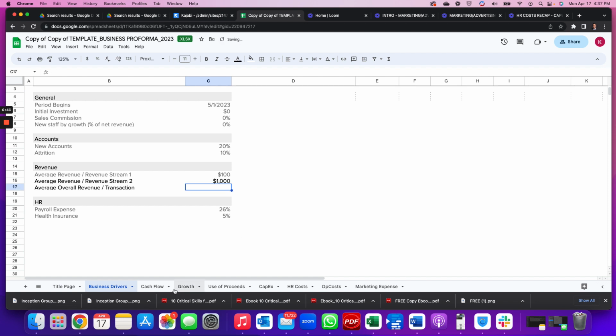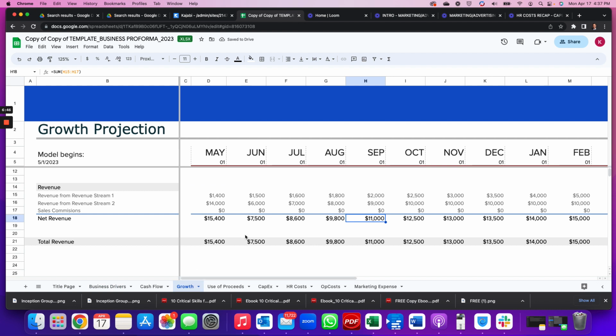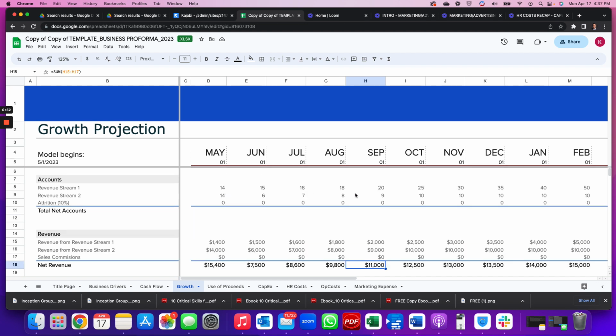Okay, now let's go to the growth tab here, and you can see at that price point we have 14 units still, 15 units, 6 units, and now we've taken 14 times that business drivers tab at cell C15, which was 100 as you recall, and now that total revenue stream is 1,400 and 14,000 based on the $1,000 price point. So now our net revenue obviously skyrockets. It goes up a lot higher because we're charging a lot more now for that product.